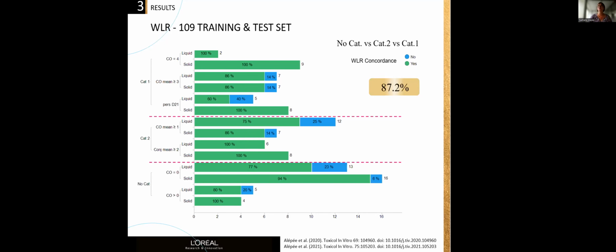And here you could see the green bar represents the concordance between the runs we obtained, and the blue one represents where we did not get concordance. And you could notice that there is no specific category of chemicals or driver of classification that shows really such a non-concordance.